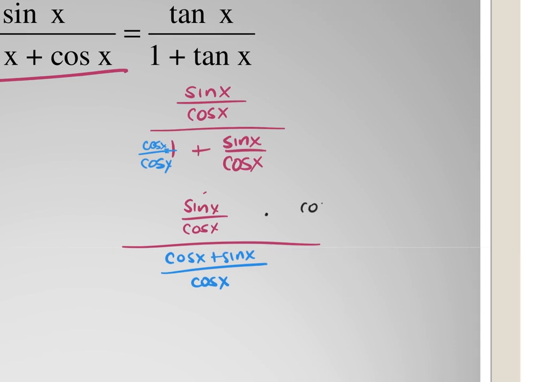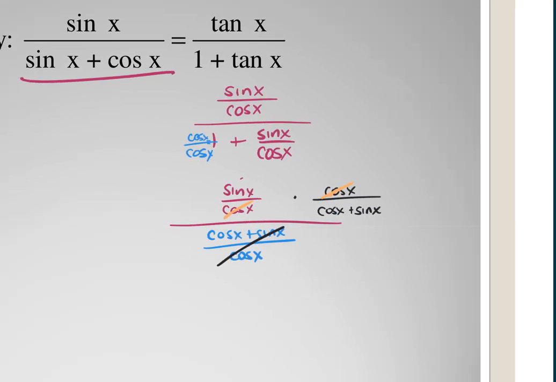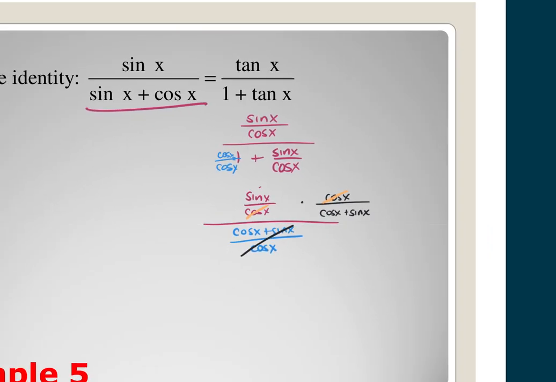This becomes cosine x over cosine x plus sine x. So this is gone, and the cosines cancel. And I get sine x over cosine x plus sine x, which is the same as sine x plus cosine x.